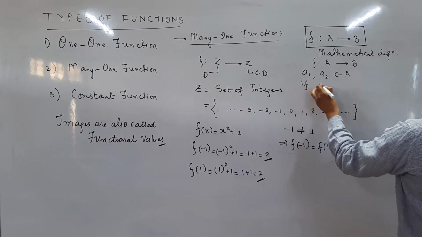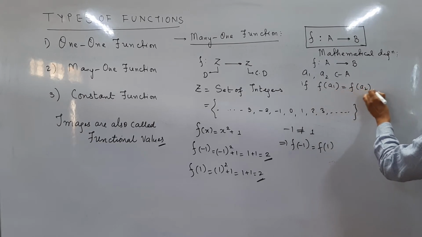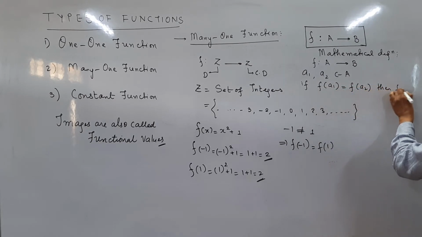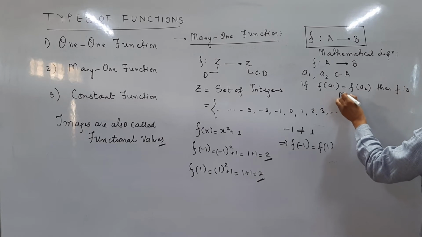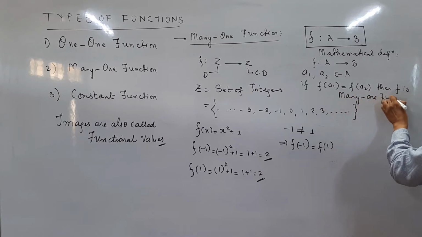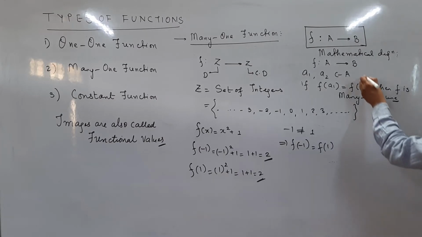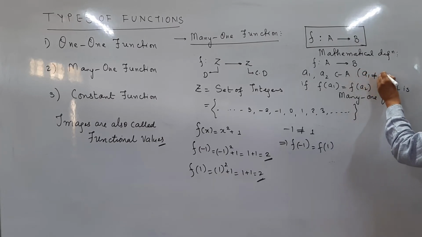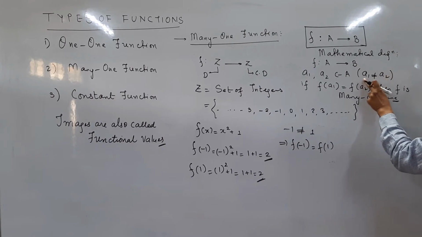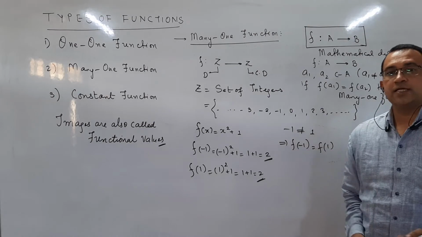And if f of A1 equal to f of A2, then f is many one function. This is called, students, the mathematical definition of the function. A1 and A2 belong to A, and definitely A1 and A2 are not equal. Means A1 and A2 are distinct elements. Take minus 1 and 1, they are not equal.